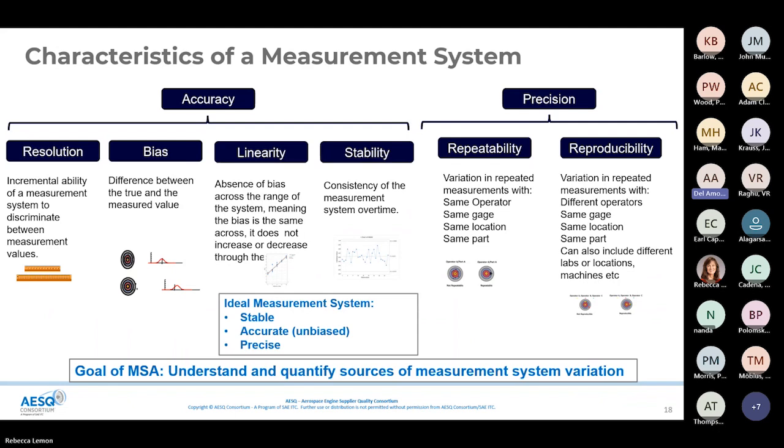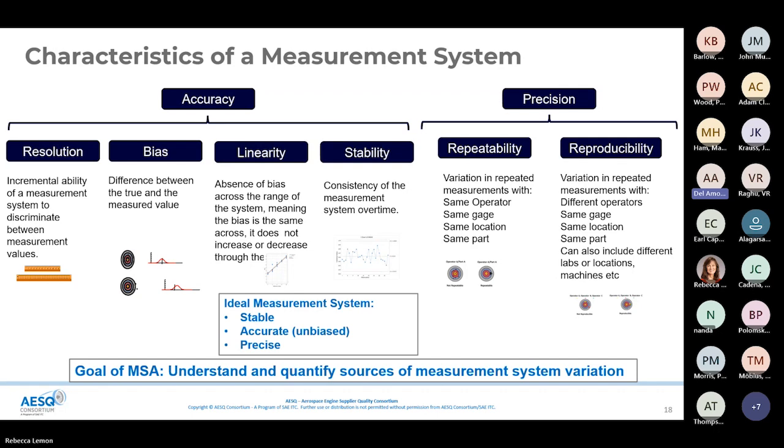With respect to precision, there are two characteristics that define the precision of a measurement system: repeatability and reproducibility. Repeatability is the variation in repeated measurements by the same operator using the same gauge in the same location and the same parts.